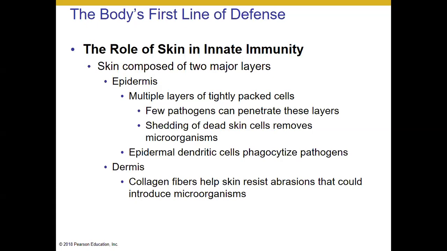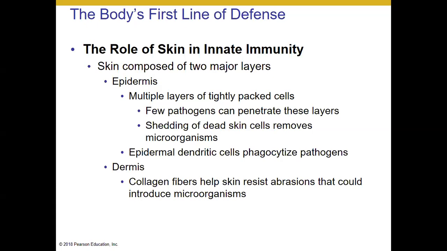And then you have resident cells that actually live within your skin that can phagocytize pathogens. You also have, I'm not going to talk about this quite yet, resident T cells, which are part of the adaptive immune system, that live in your skin and hang out and are ready to fight pathogens. Below that, you have the dermal layer, right?